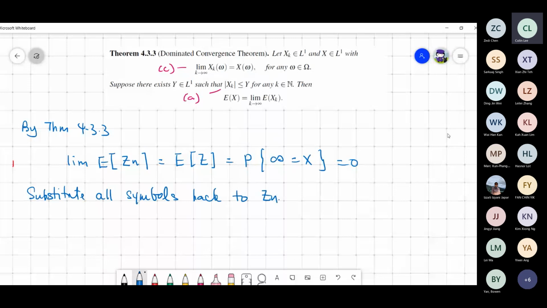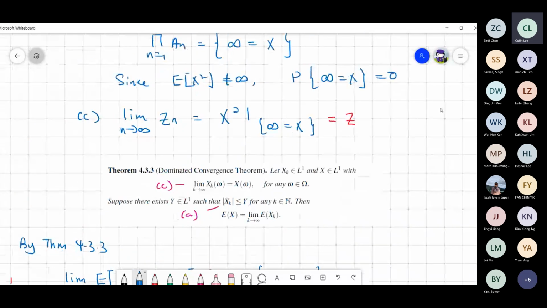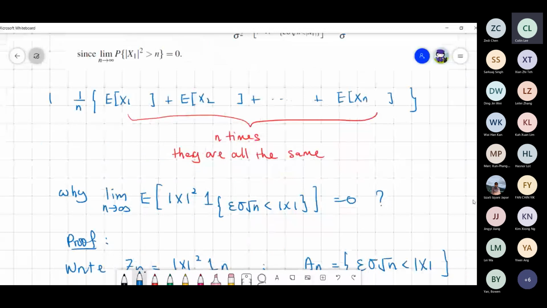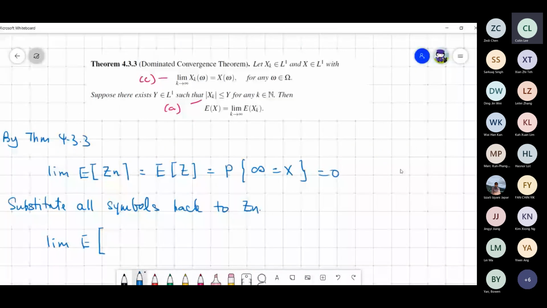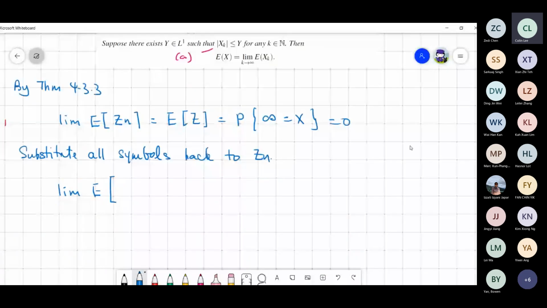So you can see this limit of E of this, you substitute, then you can get these things already. This x_n is equal to 0. You substitute everything back into it, so you get x squared times the indicator of sigma squared of n greater than x_n is equal to 0. These two are the same. So this is how we get this equals to 0.